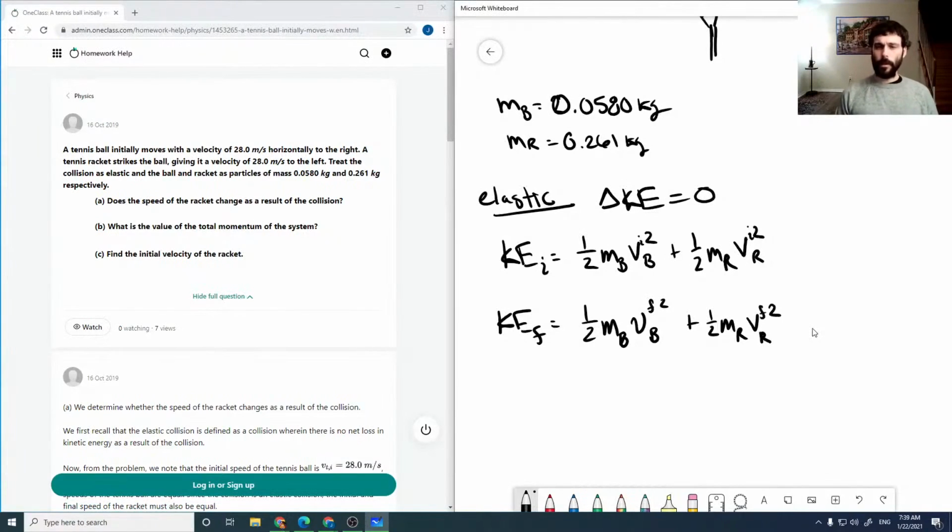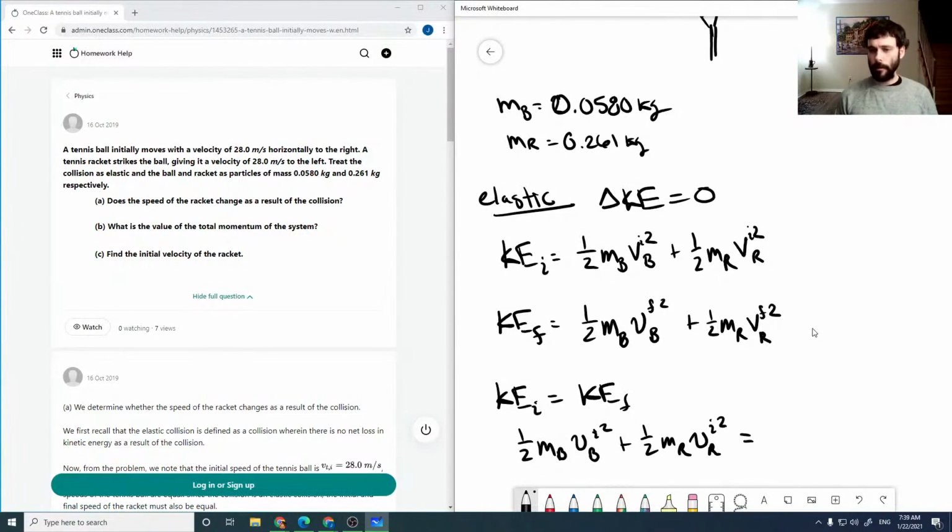Okay, so if our delta KE is 0, that means that our KEI equals our KEF. So 1/2 mass of the ball, velocity of the ball initially squared, plus 1/2 the mass of the racket, velocity of the racket initially squared.